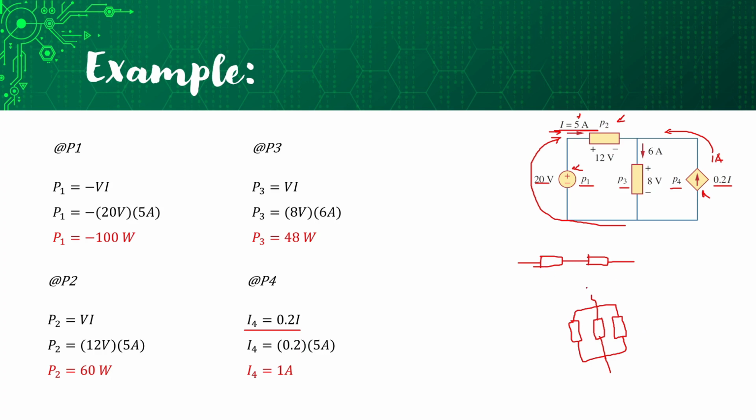To determine series and parallel connections, we check the connection of their terminals. For example, we have a first terminal, terminal 1, and a second terminal, terminal 2.